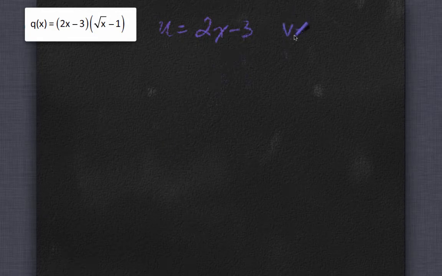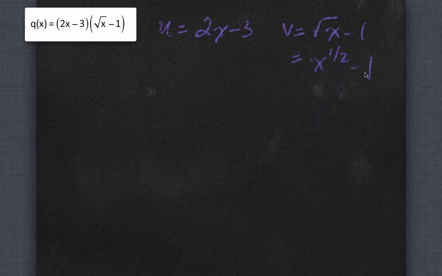Okay, so u is 2x minus 3. V is root x minus 1. I'm just going to rewrite that one because it doesn't look like a power right now.